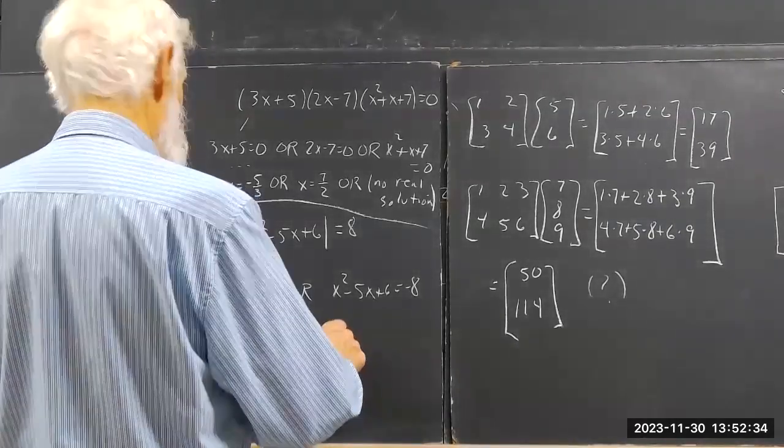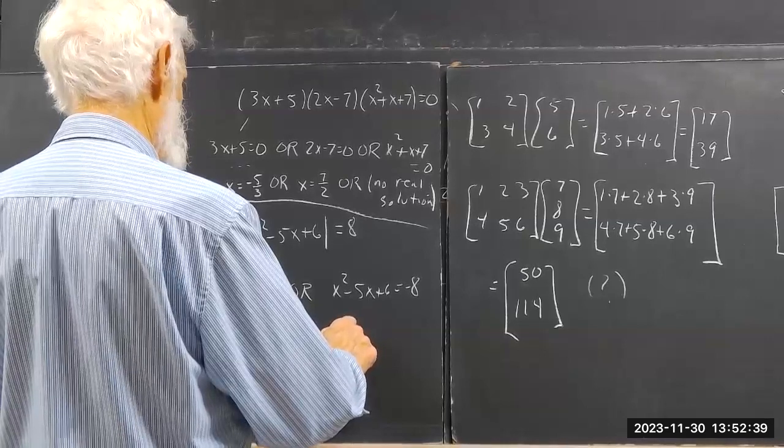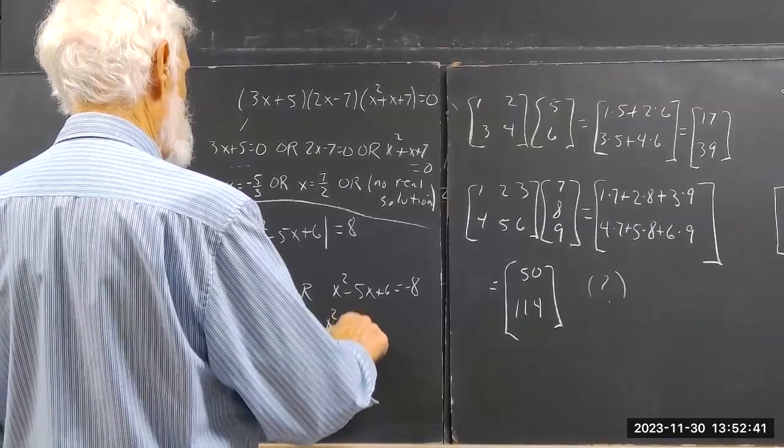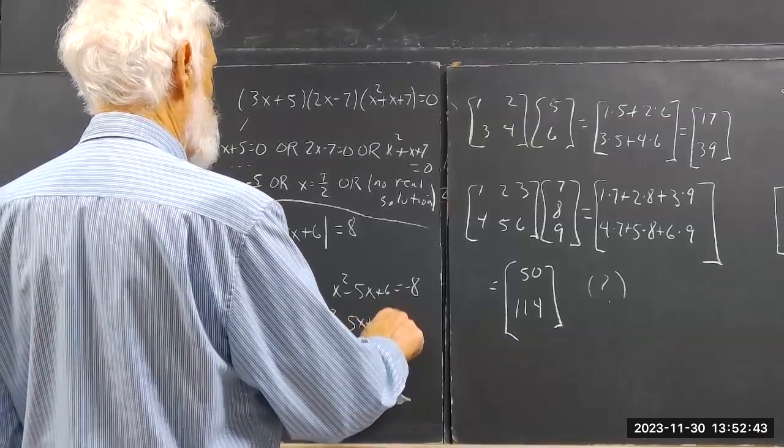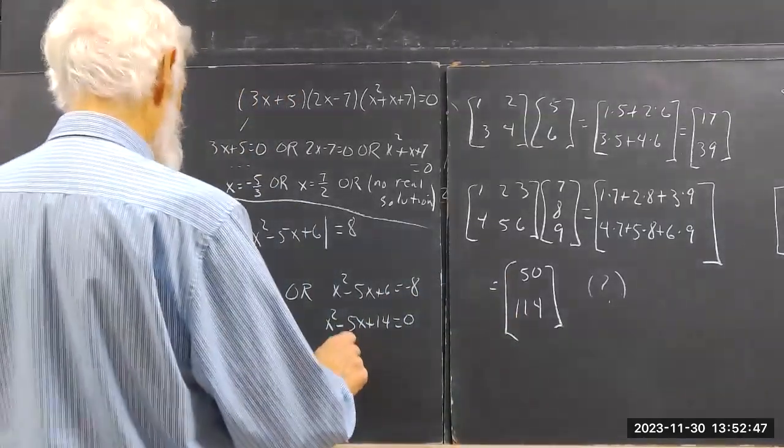Okay, here we get x squared minus 5x plus 14 equals 0. I can see right away that the square root's going to come out negative. Let's just write it out.